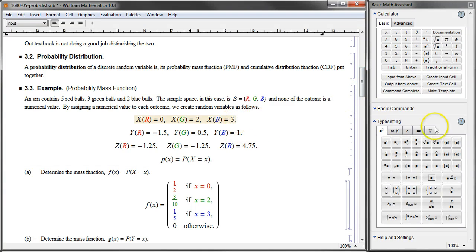Now let's look at this random variable capital X. That capital X can take three numerical values. Capital X equals 0 when you get the red ball, capital X equals 2 when you get the green ball, capital X equals 3 when you get the blue ball. These are three possible values of this random variable capital X.